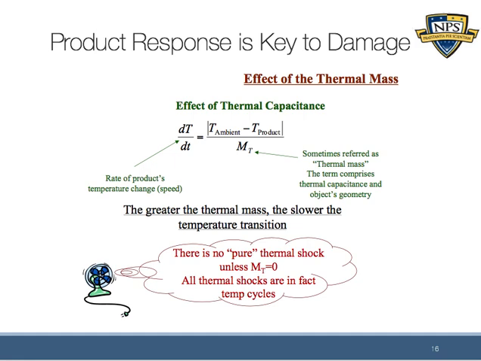So if we start at ambient and we heat up a chamber, let's say from 70 degrees to 100 degrees, once the chamber hits 100 degrees, the product's temperature will never be 100 degrees at that point in time. There's always going to be some period of time where the product has to catch up to that ambient temperature. And that's essentially what we would refer to as dwell time. So we have to sit there for a while and wait for the product to catch up.